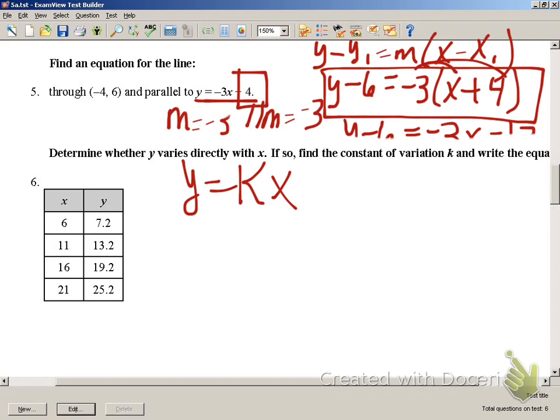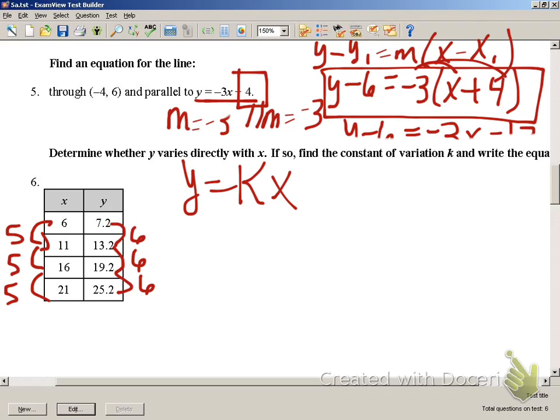What are we doing here? From 6 to 11, we're going plus 5. From 11 to 16, we're going plus 5. And from 16 to 21, we're going plus 5. Then what are we doing with y? From 7.2 to 13.2, that's plus 6.